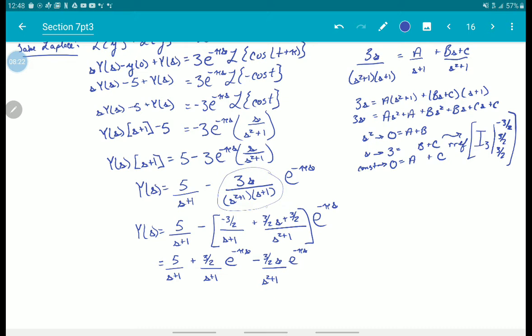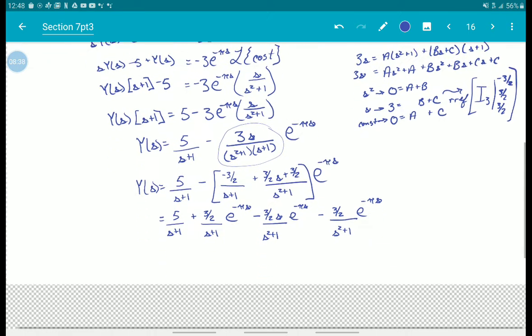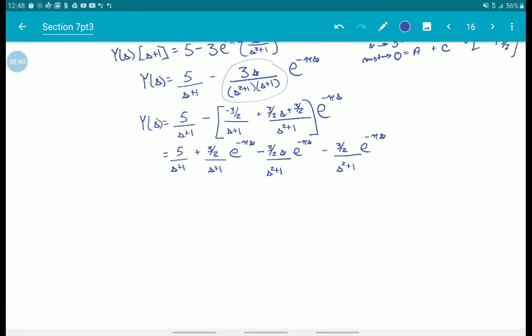I am splitting the numerator for this. So notice that too. So several steps happening in that one step there. Now, let's take the inverse Laplace.